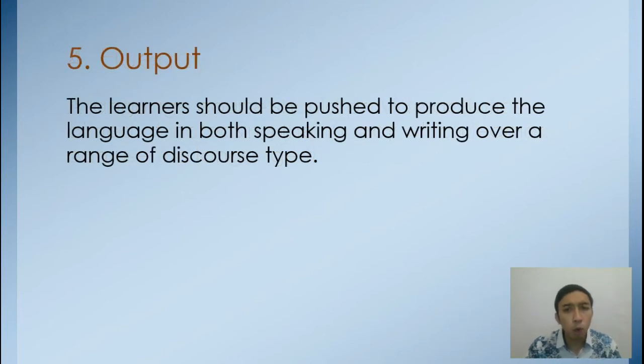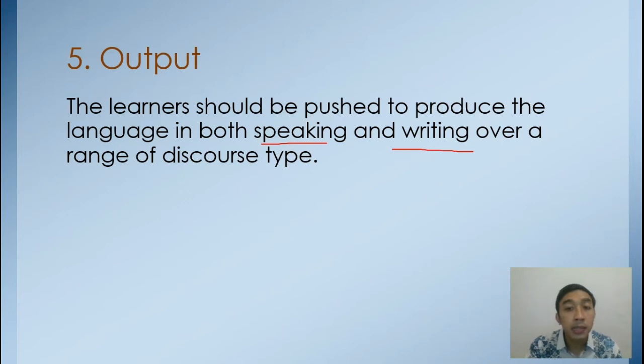Next one is output. The learner should be pushed to produce the language in both speaking and writing over a range of discourse types. Speaking and writing are very important because if we are focusing on input, sometimes when they are asked to give the output, it's very hard for them in the productive skills of speaking and writing.